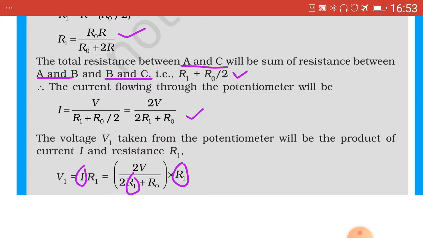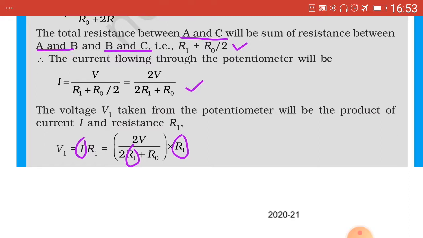Now in this equation we substitute the value of R1 in denominator and in numerator in multiplication, which has been encircled.